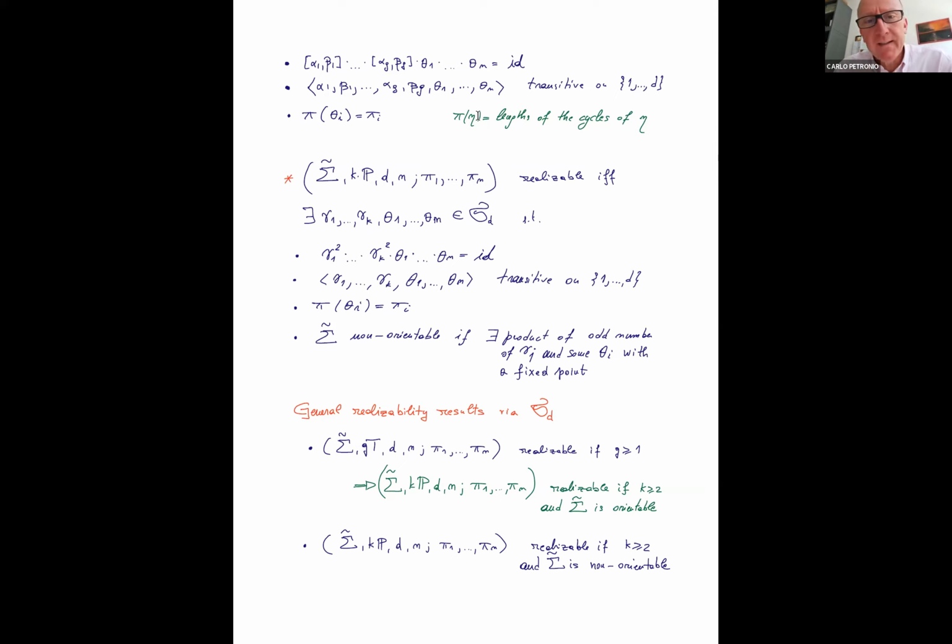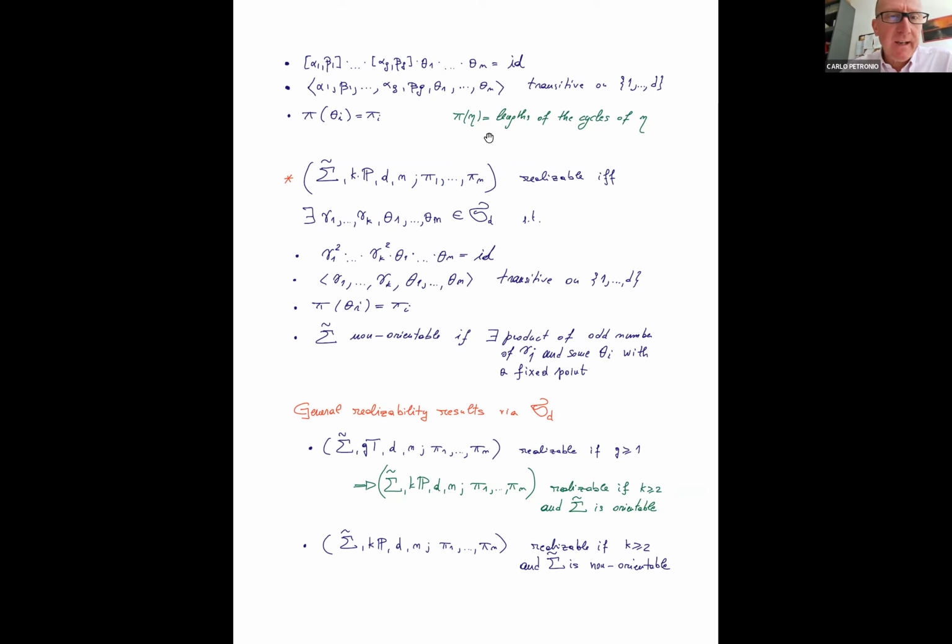I should have said this also before: a partition is always an unordered set with repetitions allowed. And so the main condition is that the cycle lengths of theta I should be those assigned by the partition of D, pi I. But then you also have the condition that the group generated by all the elements should be transitive, which implies that the covering surface is connected.